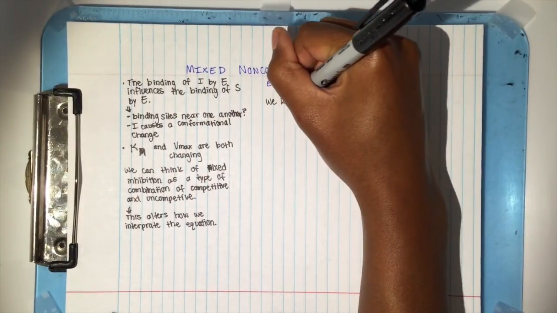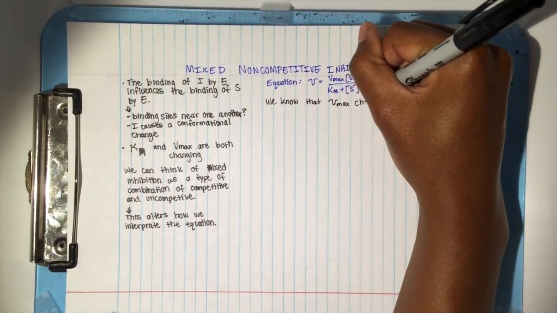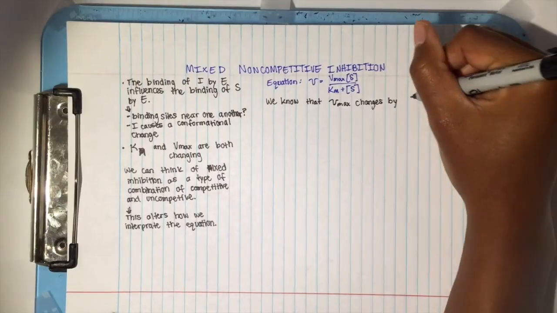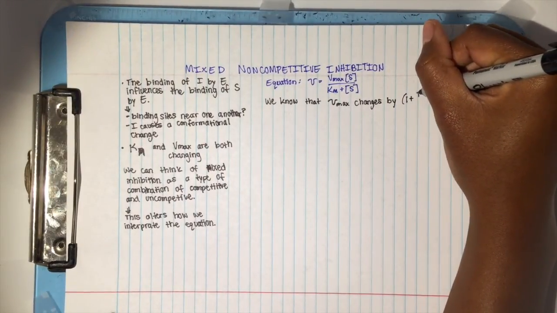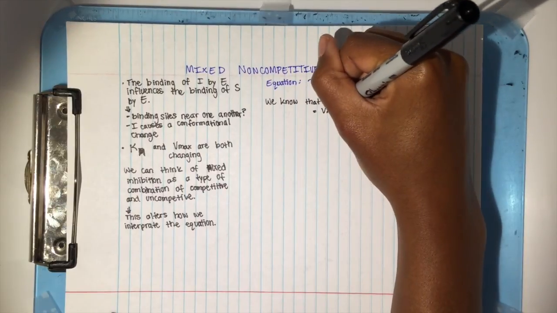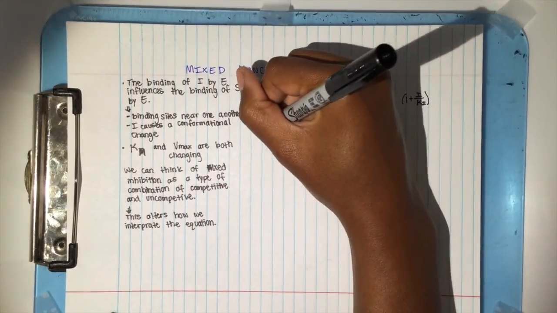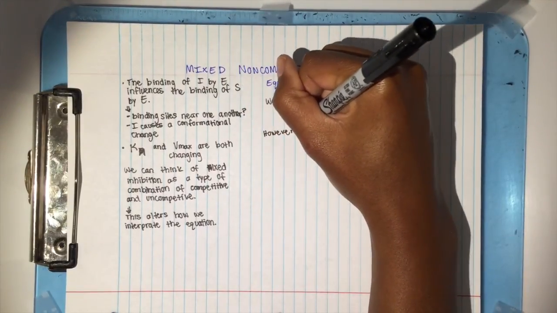Okay, so we know that in mixed noncompetitive, Vmax changes by a factor of 1 plus I over Ki. And so that means that our V apparent is given by Vmax over 1 plus I over Ki.